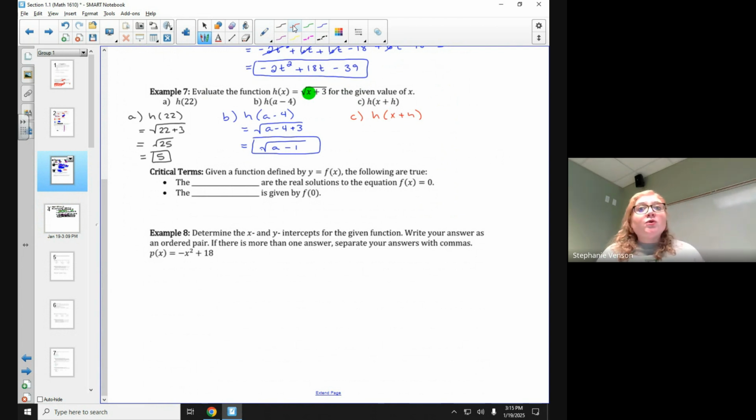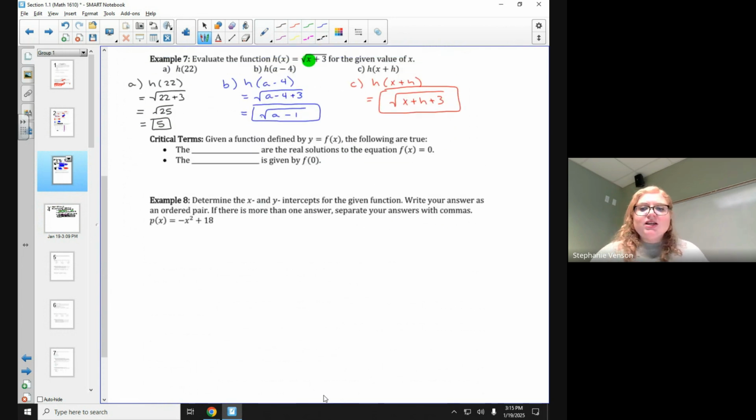So instead of square root of x plus 3, we simply have square root of (x plus h) plus 3. And that cannot be simplified anymore. So that is our answer. That's enough of plugging stuff into functions. Let's move on to our next set of critical terms.